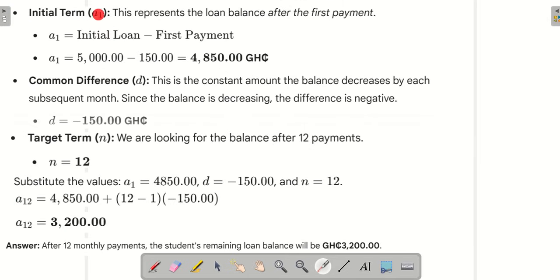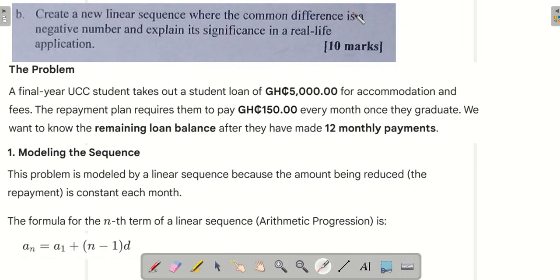Now we know our first term or the initial term. This represents the loan balance after the first payment. Now I need to explain something. So here our A1 represents the loan balance after the first payment. Now you can see that the starting amount, the principal, was 5,000.